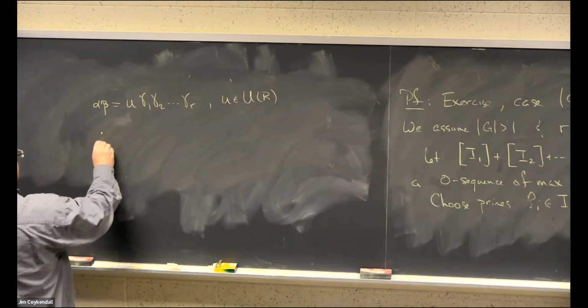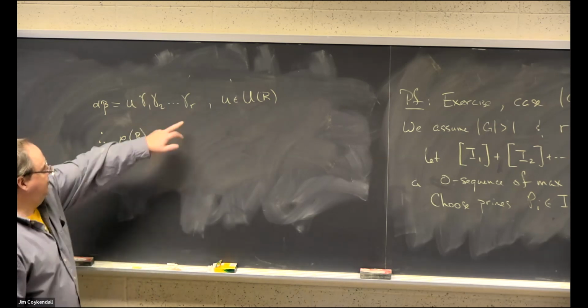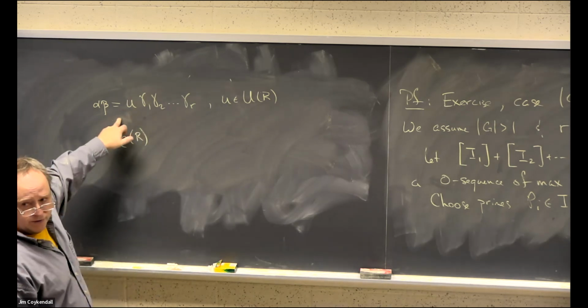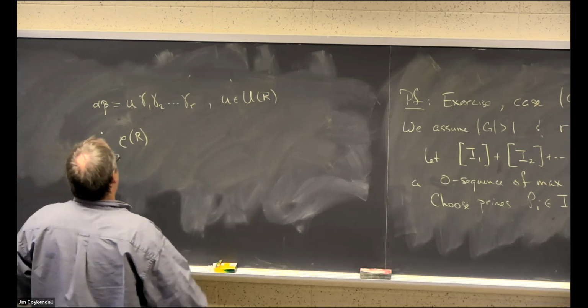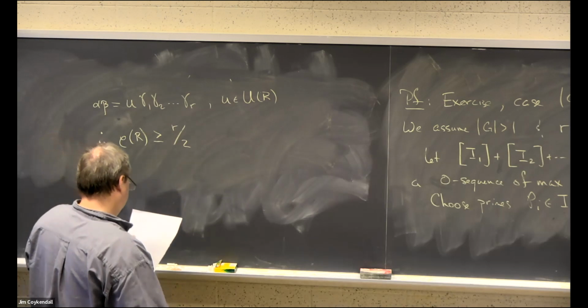Therefore, rho of R: I've got a factorization of length R that's equal to a factorization of length 2. That means that the elasticity must be at least R over 2.